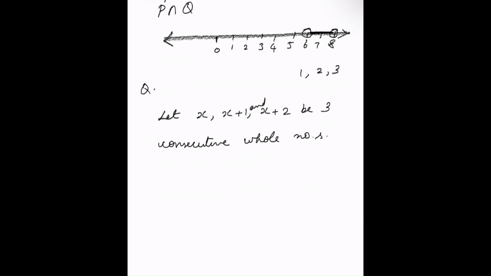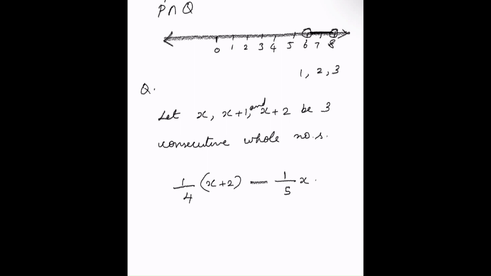Now, what they are saying is the difference between 1/4 of the largest, which means 1/4 of x plus 2, and 1/5 of the smallest. Which is the smallest number? X is the smallest number. The difference between 1/4 of the largest and 1/5 of the smallest is at least 3.